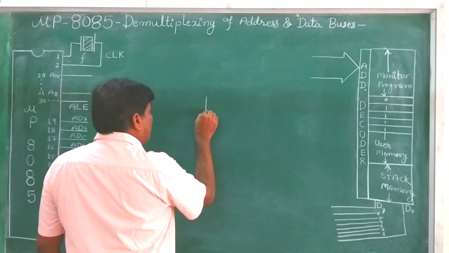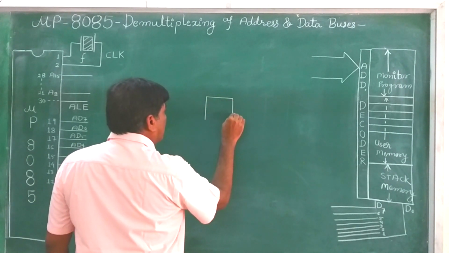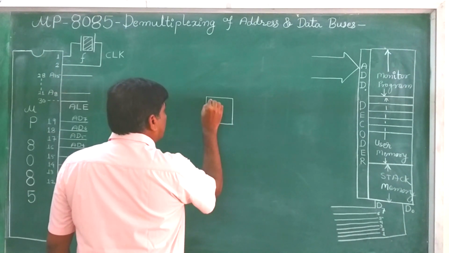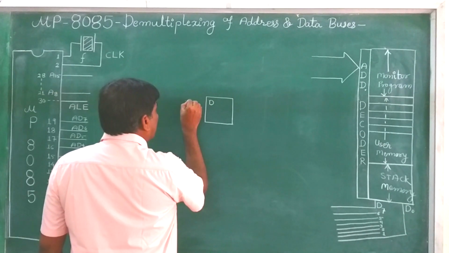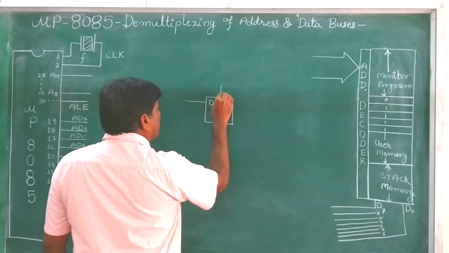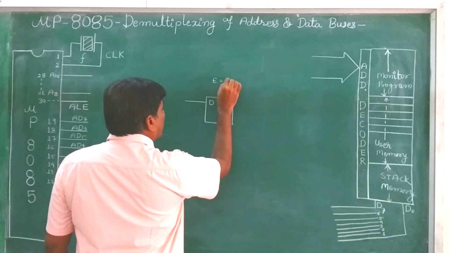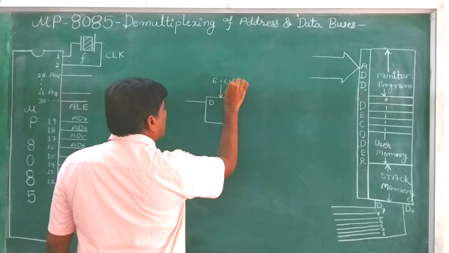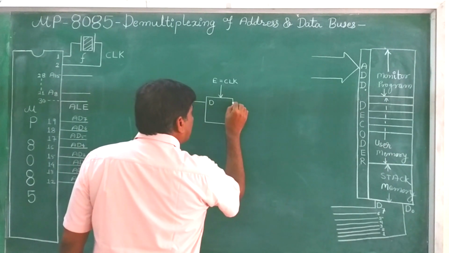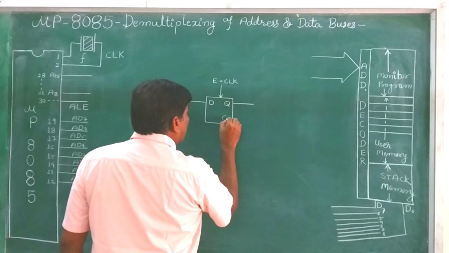The D latch, if you are remembering, has an input D, and depending on the enable signal, which is generally a clock, the clock is enabling the D flip flop, and depending on this it will generate outputs Q and Q bar.